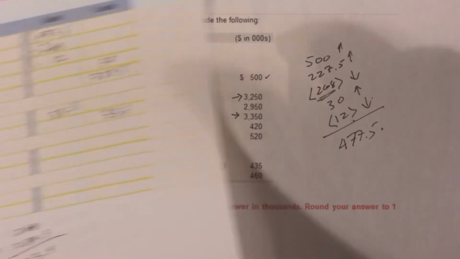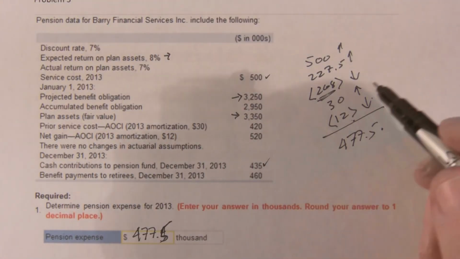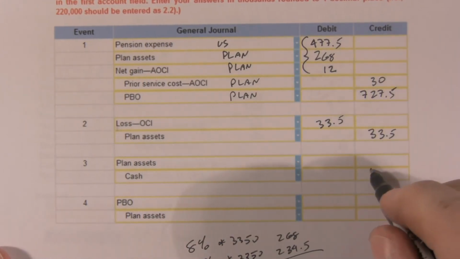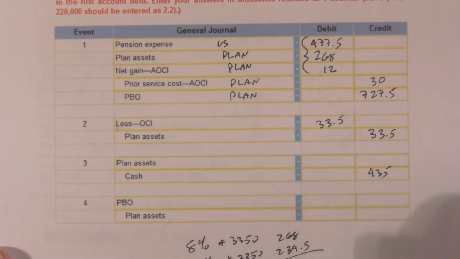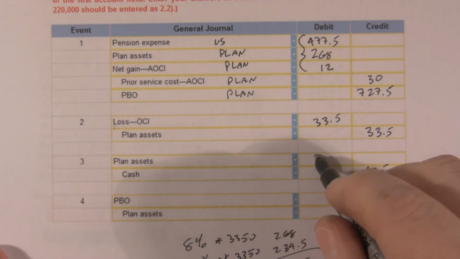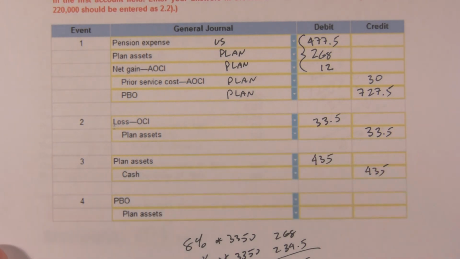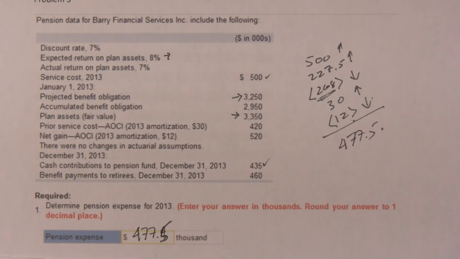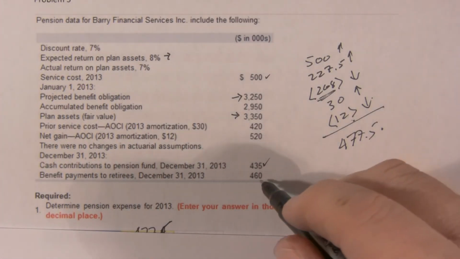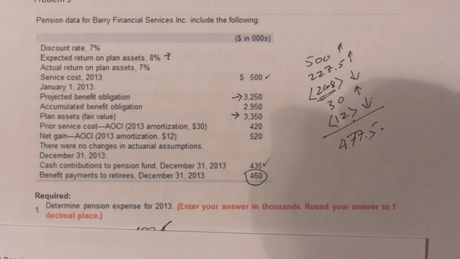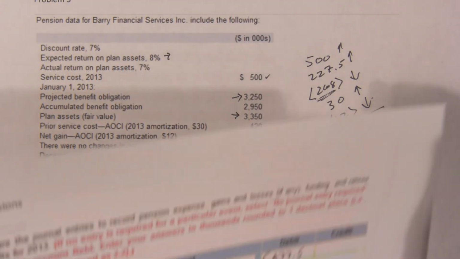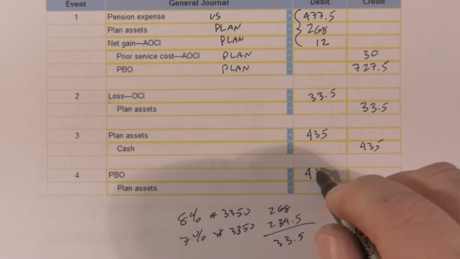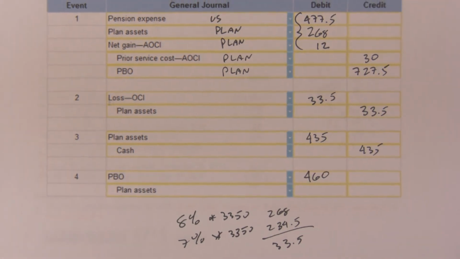Now, we also made a cash payment of $435, okay? So that reduces our cash of $435,000, increases the plan assets by $435,000, and we paid $460,000 of retiree benefits, so that reduces our obligation.